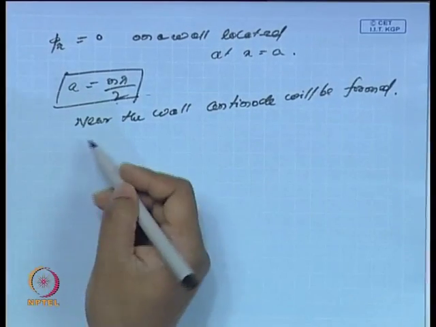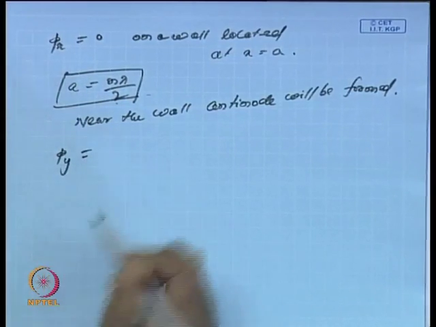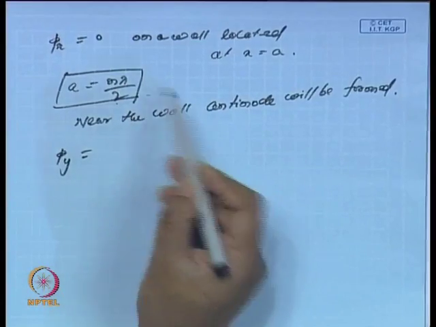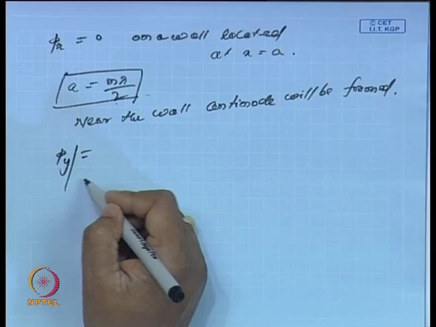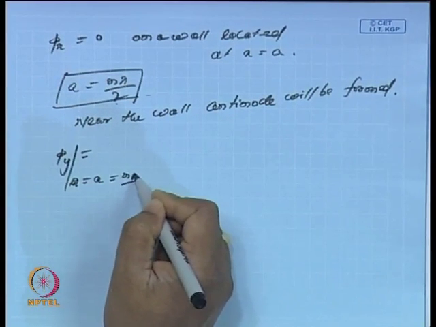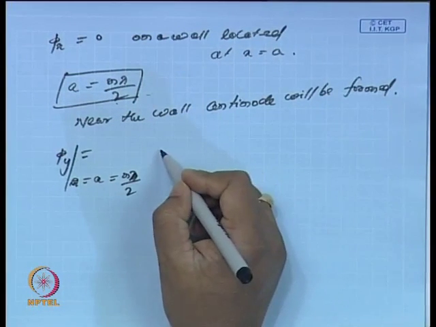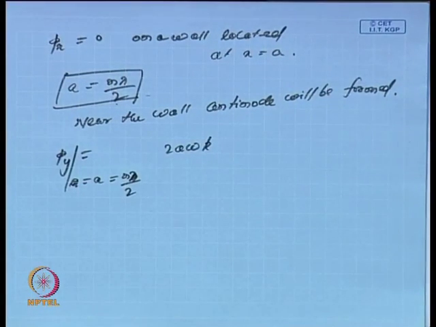But in that case, what will happen to phi y? Because phi x is 0 near the wall, what will happen to phi y at the same point, x is equal to a is equal to n lambda by 2? We can say that phi y will be at the maximum, that will be 2a omega k, because it will be cos of k into n lambda by 2, and that will be plus minus 1.